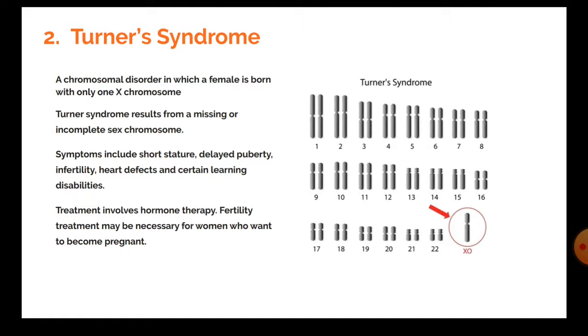This means that this genotype results from the union of an abnormal egg with a normal X sperm or a normal X egg with an abnormal sperm not having any sex chromosome. So the individual has 45 chromosomes, and this means it will have 2n minus 1 chromosomes. So Turner syndrome is the only viable monosomy in humans.